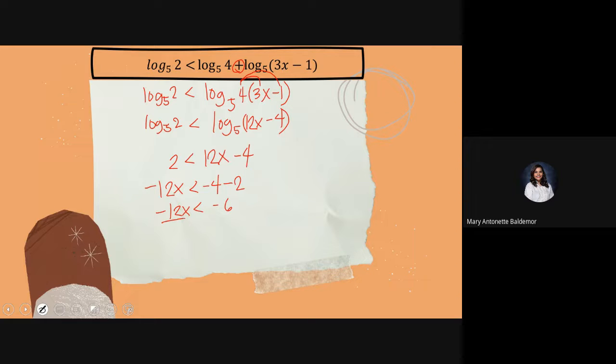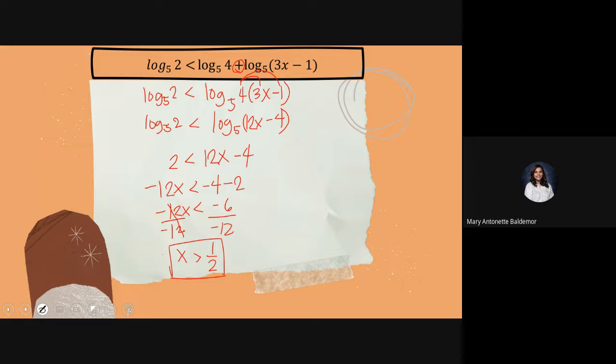Dividing both sides by negative 12, since we divided both sides by a negative number, the sign will change. So the inequality becomes x greater than positive 1 half, since negative divided by negative is positive.